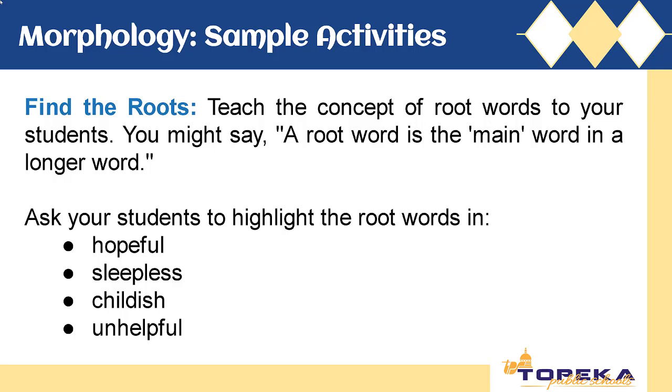In sleepless, our base word is sleep, and it has had the suffix less added. In childish, the main word is a base word child, and it has had the suffix ish added to it. In the word unhelpful, our main word is help, and this word has had a prefix un and a suffix full added to create the new word unhelpful.